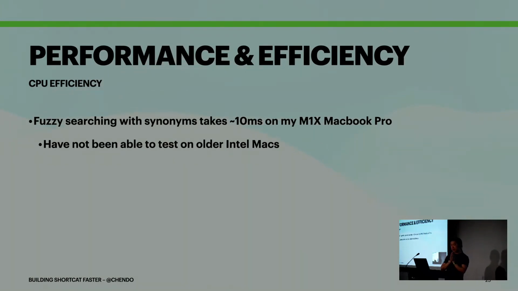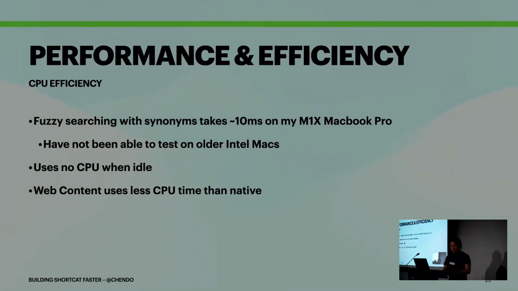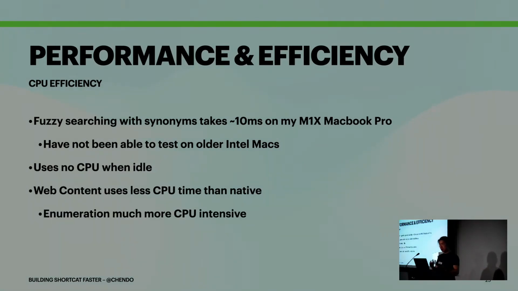So if someone has a slow Intel Mac that can run Monterey they want to sell, hit me up. It uses no CPU when idle, which I feel like is a given, but I'll say it there. The web content uses less CPU than the native end, but that's because the enumeration part is a lot more CPU intensive than the user interface part.